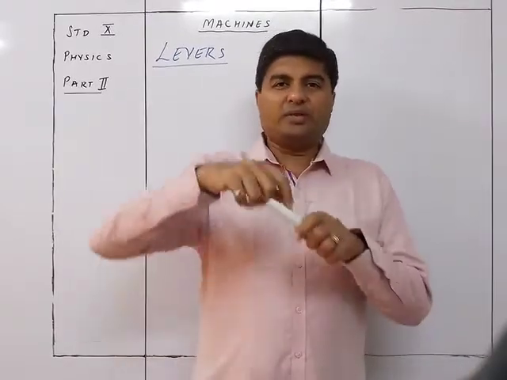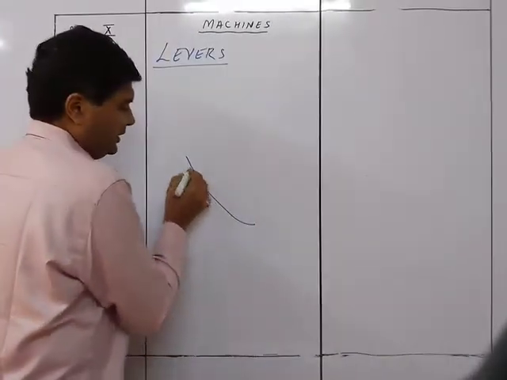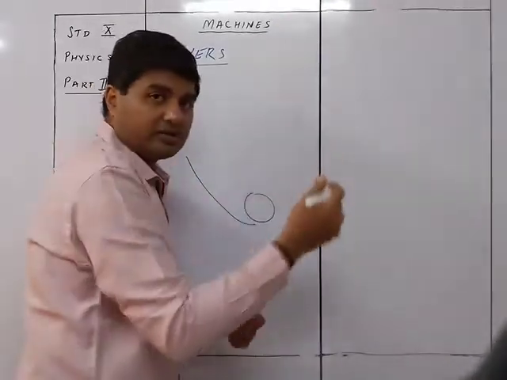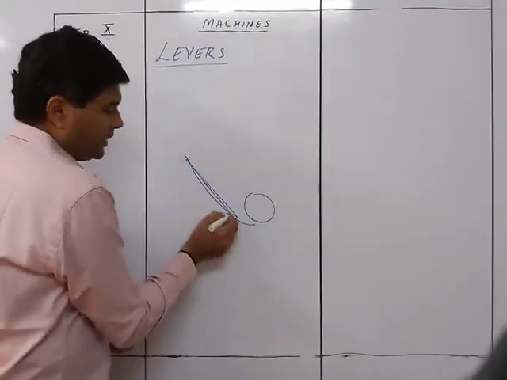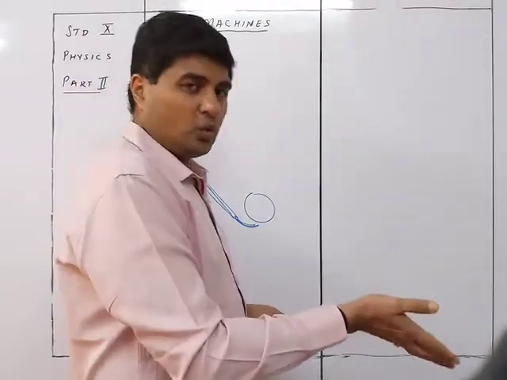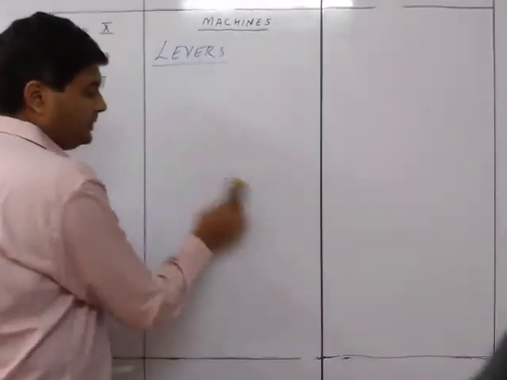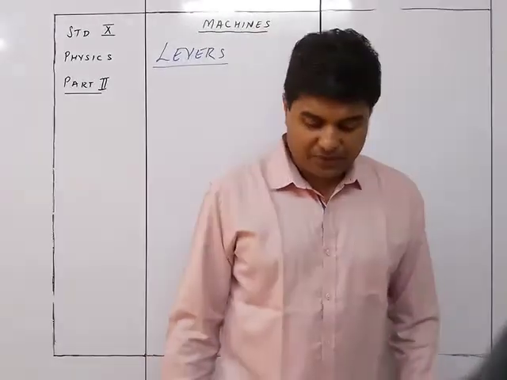You must have seen bent ones in many places, bent like this, so that if there is a stone, you can push it below the stone and then roll it out. That's why this is straight over here, but there is a bend over here. So this is just a simple kind of a straight or a bent rod.